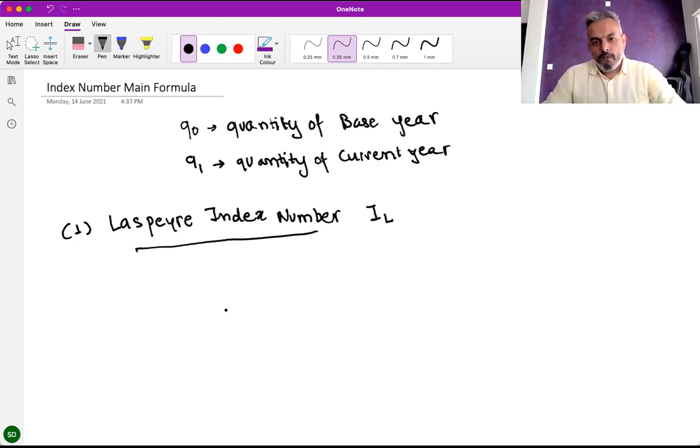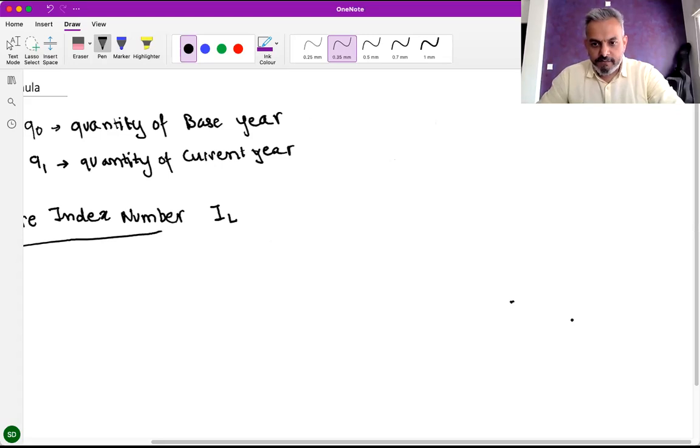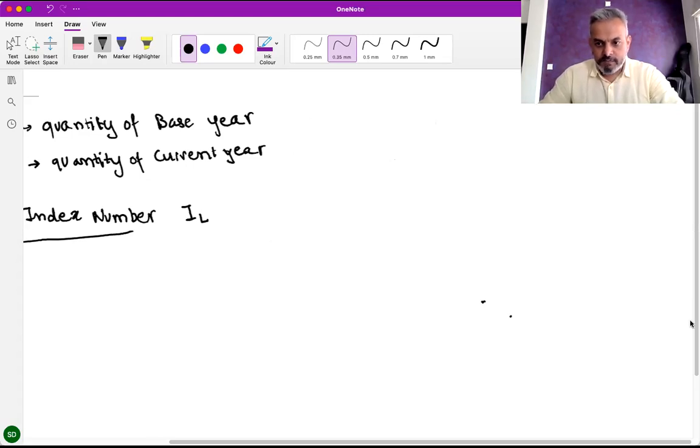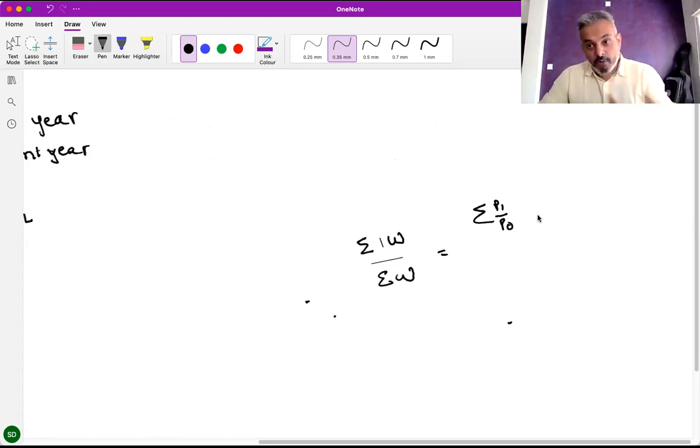Now, if you remember, just for the sake of derivation, I'm showing this to you. We had sigma IW upon sigma W. Now, what is I? I is sigma P1 upon P0 into 100.